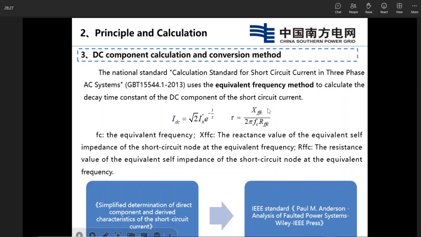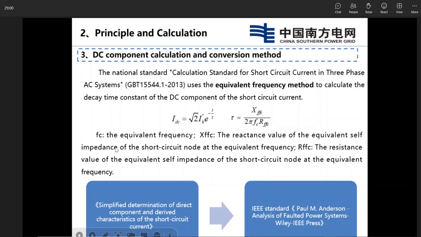At first, the equivalent frequency method was proposed in this old article, and then the IEEE standard, an international standard, recommended this method. At last, the Chinese national standard recommended this method to calculate the decay time constant.